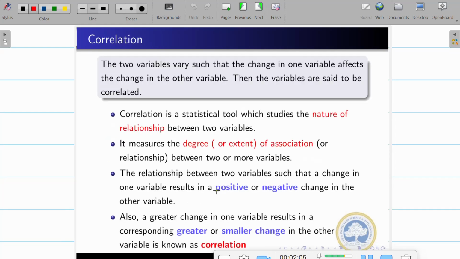Let me now define the correlation. When two variables vary such that the change in one variable affects the change in the other, the variables are said to be correlated.